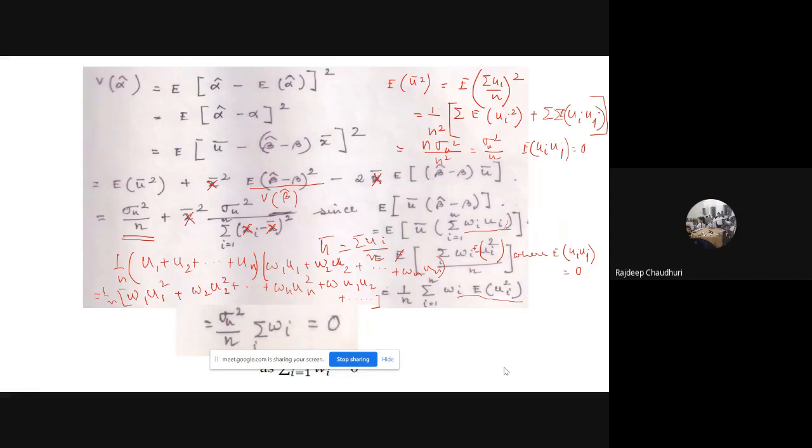So if you do these things, ultimately it is equal to 1 by n summation wi expectation of ui square. Expectation of ui square is sigma u square. So it is sigma u square by n into summation wi. Summation wi is equal to 0. So this entire part is equal to 0.